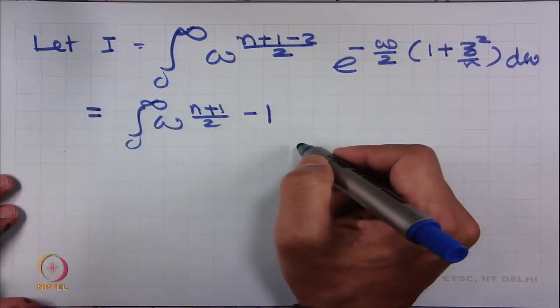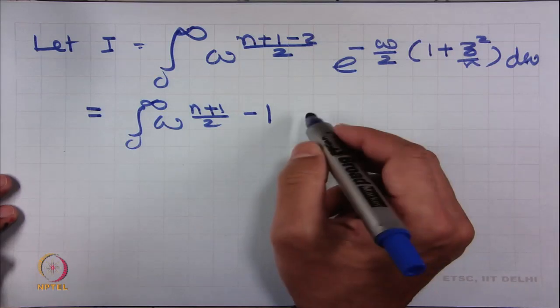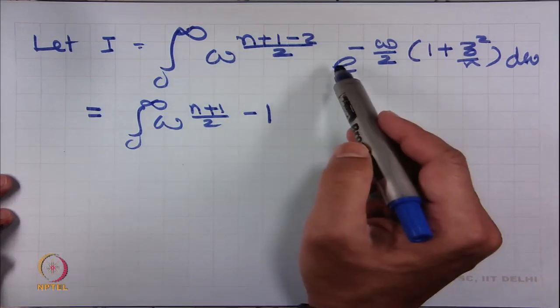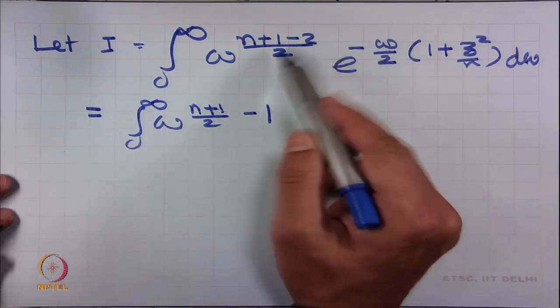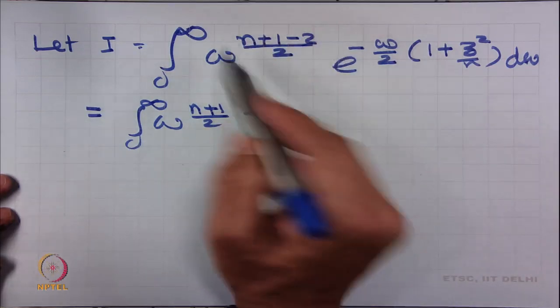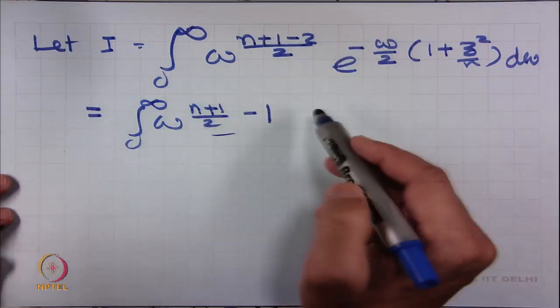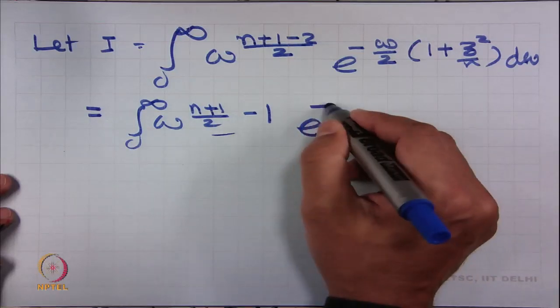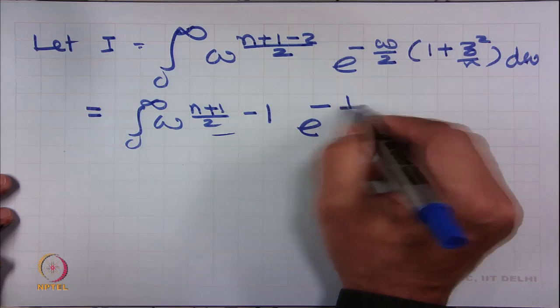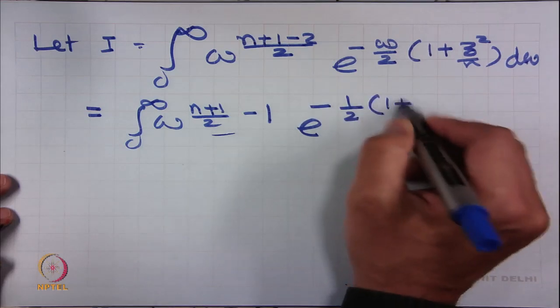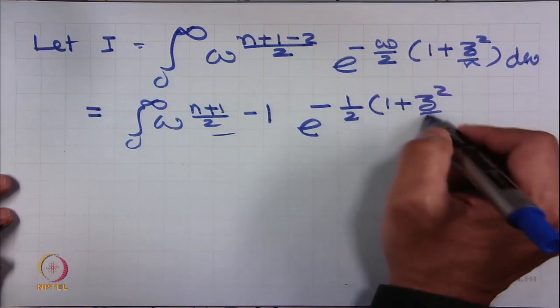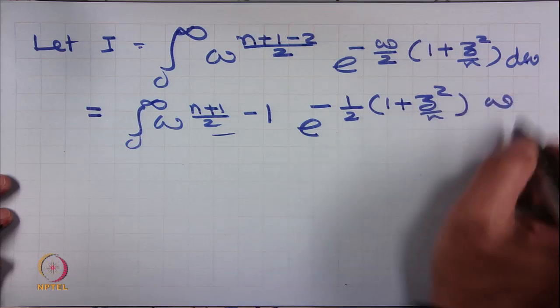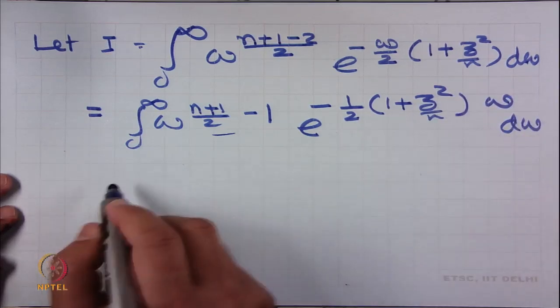I am trying to convert it into the gamma form. We know that it is e to the power minus lambda x, x to the power alpha minus 1. So, I have put it into something minus 1, into e to the power minus half into 1 plus z square by n, w dw.